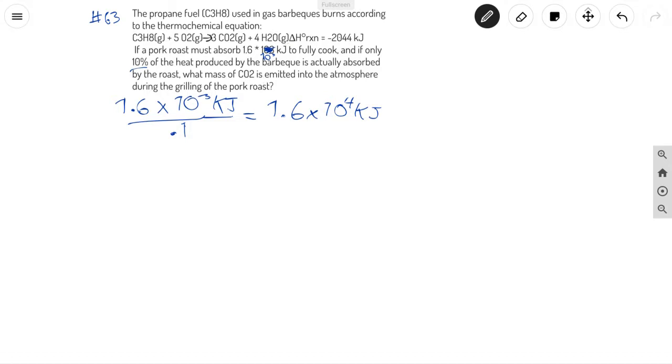So what I'm going to do is convert this amount, kilojoules, using the conversion factor of 3 moles of CO2 will give me this much heat, and then CO2 has a molar mass of 44 because carbon has a molar mass of 12, oxygen has a molar mass of 16. 16 times 2 is 32.